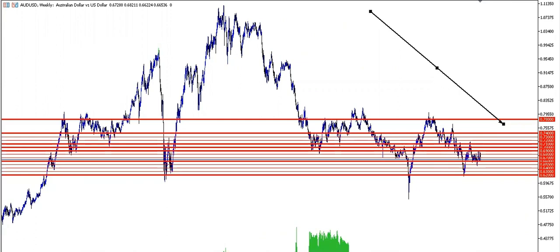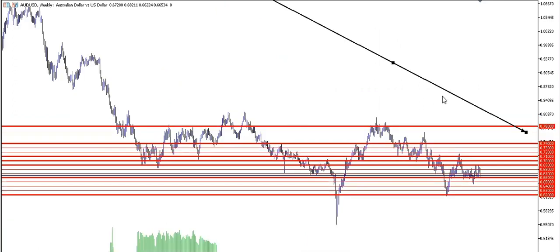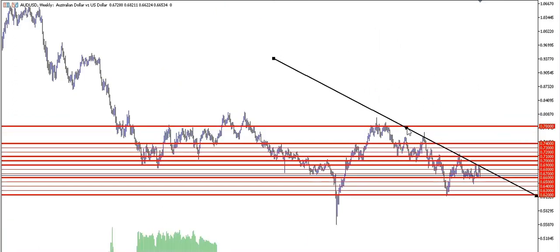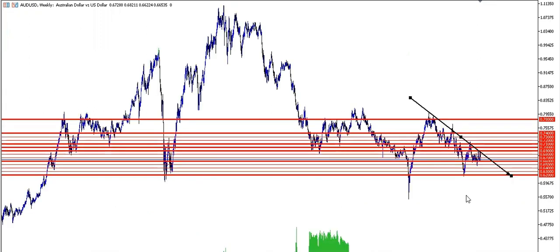Even from October 2020, around this zone, price is coming down. If you place a trend line, for those who use trend lines, it's just down, it's bearish.